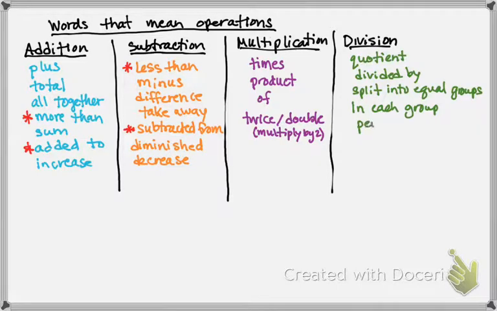Per, little teeny word. Ratio is also a division word. You're comparing two numbers. And then we've got divided into. And I'm going to go ahead and put a little star next to him. So at this point, you should be about 2/3 of the way through the page. So let me kind of lessen these. And let's talk about those star words.